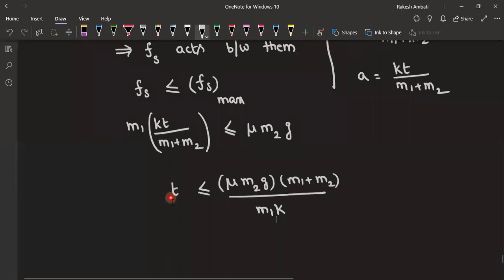Okay, in this case, for example, starting from T equal to 0, up to a particular time, the two blocks move together, correct? Up to a particular time, the two blocks move together, and beyond that time, they move separately. Is it clear?